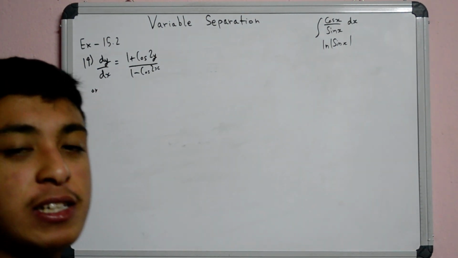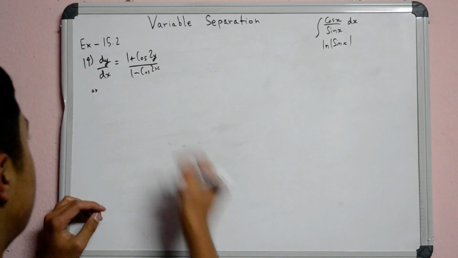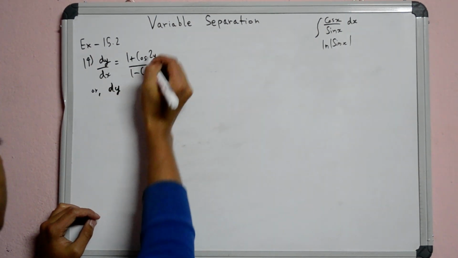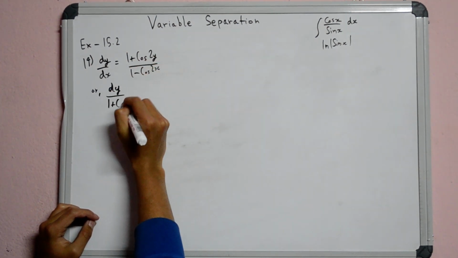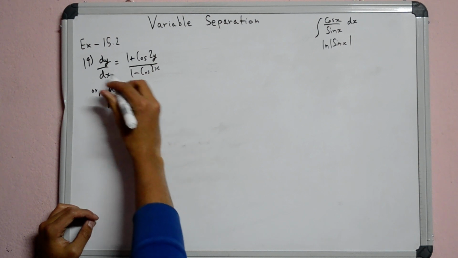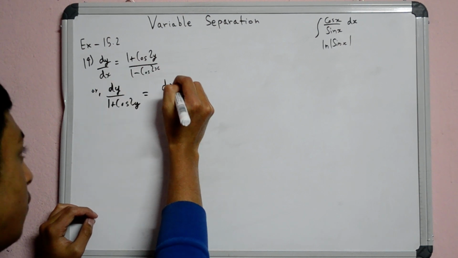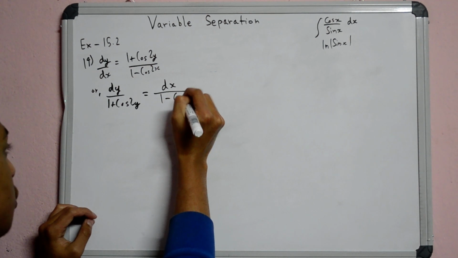We can directly separate the y's and the x's. So we have dy, and we can put this down here, 1 plus cos 2y is equal to, and we can put the dy dx above, so this becomes 1 minus cos 2x.